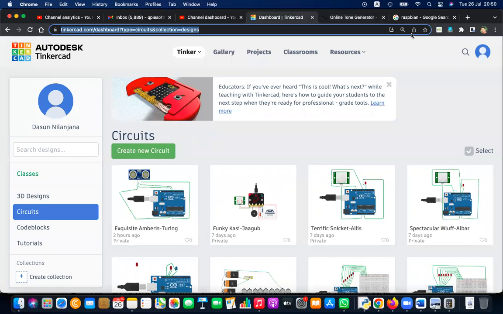You can use Tinkercad to do this. I'll send you the link. So this is Tinkercad. I already asked you to create the account, so you can use the same account. If not, please create an account, and if you don't know how to create an account, you can still ask.